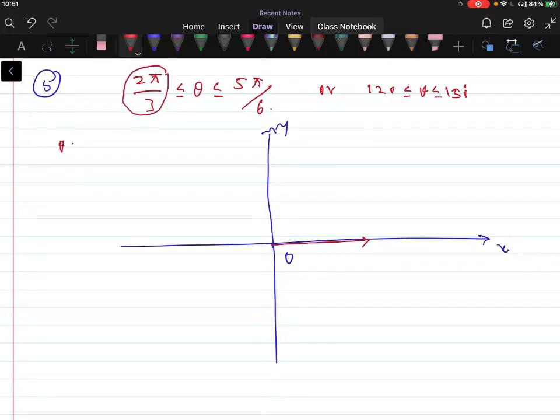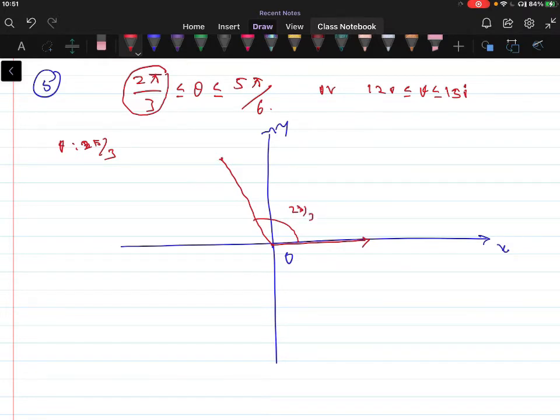Theta is equal to 2 pi by 3 is a line that makes an angle 2 pi by 3 with the initial ray.